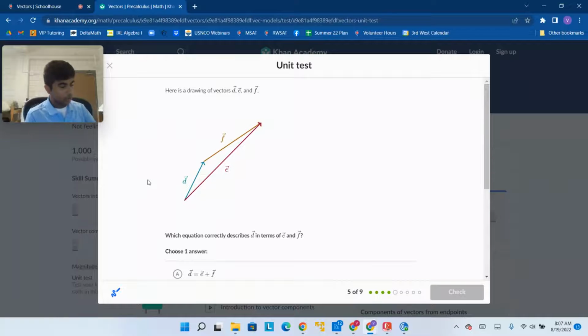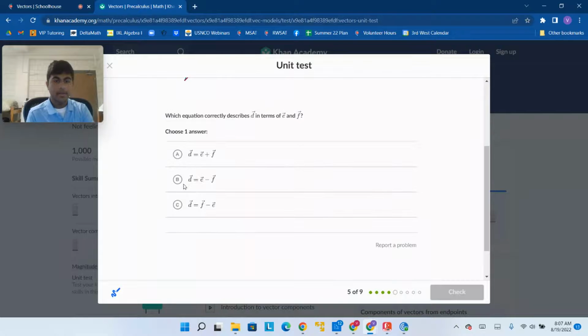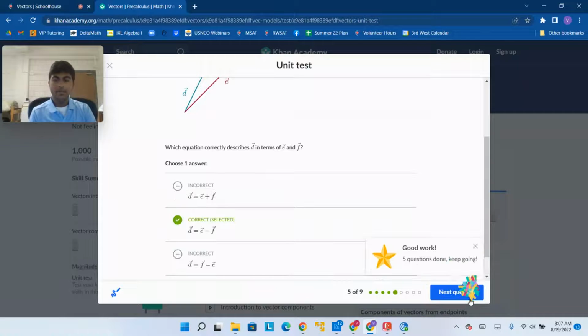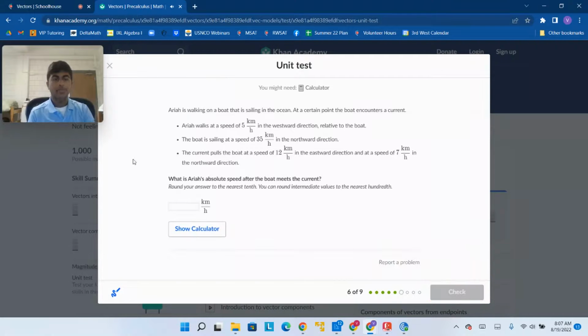So we had the start of negative f on the end of vector e. And then you add them together by taking the start of the first vector that's not paired with anything to the end of the second vector that's also not paired with anything. That's how you add vectors. Now here we have d equals vector e minus vector f. And we can move on to the next question.